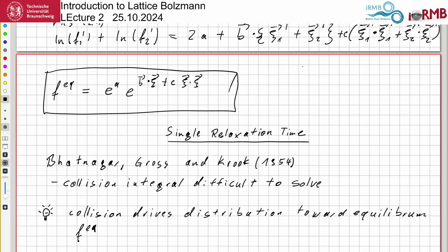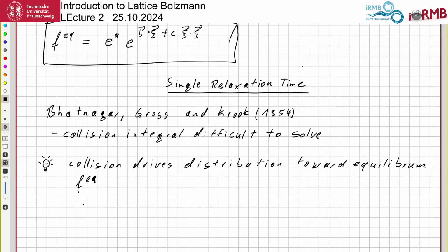They said, we are considering a so-called rate model. We have a certain number of collisions in a certain time that is destroying, if you will, non-equilibrium.